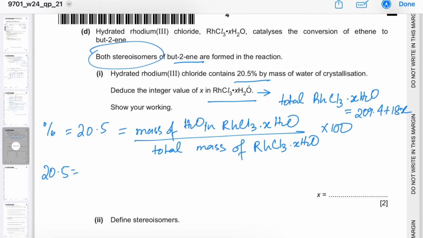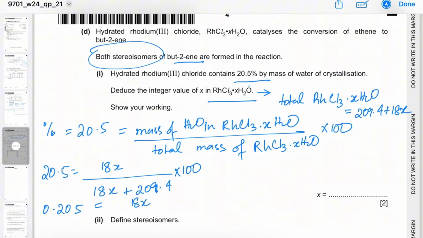So that means 20.5 is equal to 18x divided by 18x plus 209.4 multiplied by 100. You divide both sides by 100 and are left with 0.205 is equal to 18x over 18x plus 209.4.